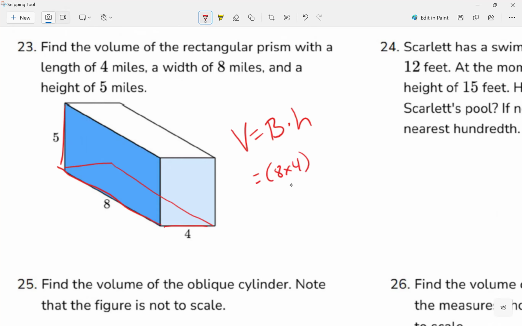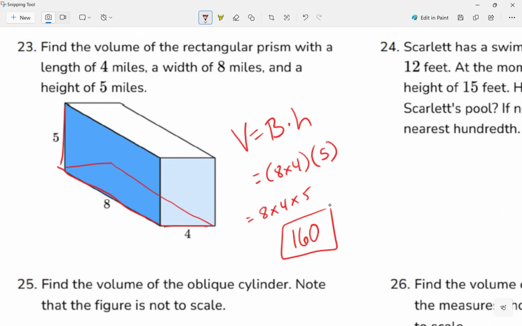That's going to give me the base, and whatever I get, I'm going to multiply by 5 because it is the height. So area of the base times the height. On my calculator, I'm just going to type in 8 times 4 times 5, all at once. According to my calculator, I get 160.